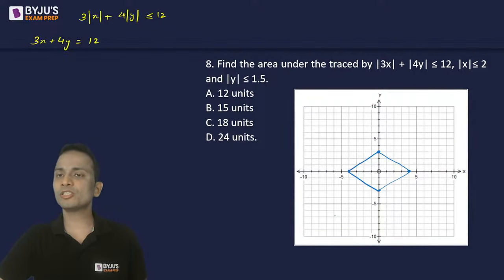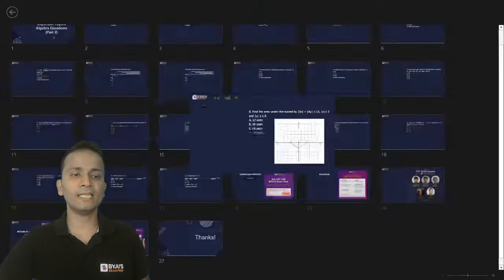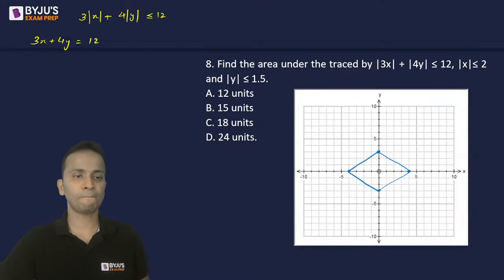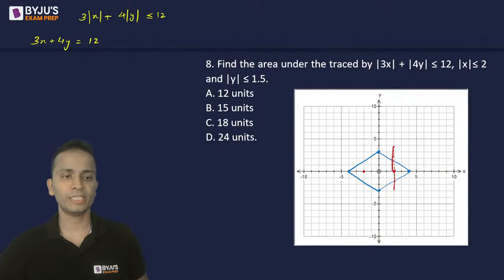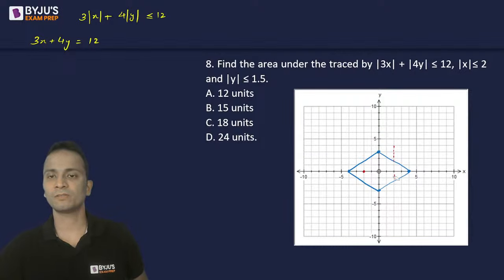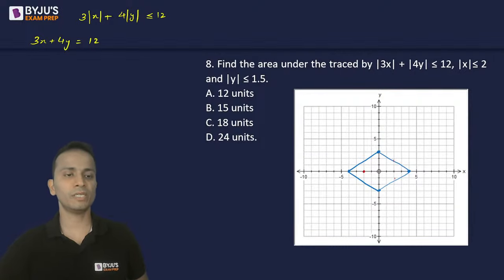Next is modulus of x is less than equal to 2. So let me change the color of the pen. Now x equal to 2, x equal to minus 2. So this will be the graph. So it will be a straight line parallel to y axis.